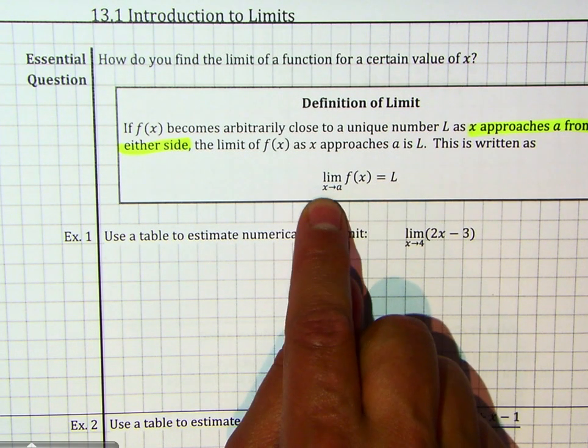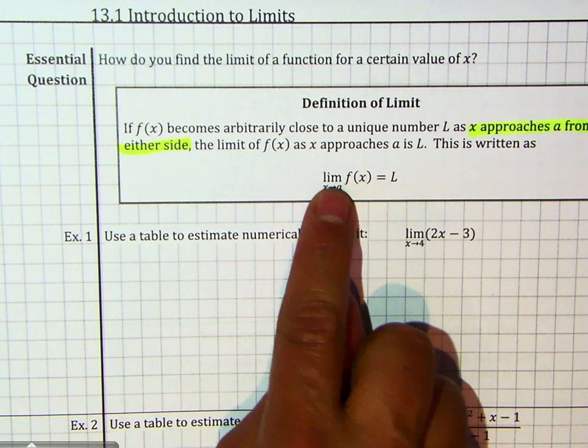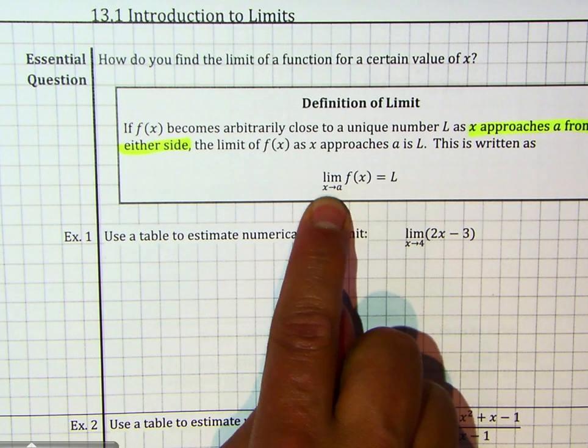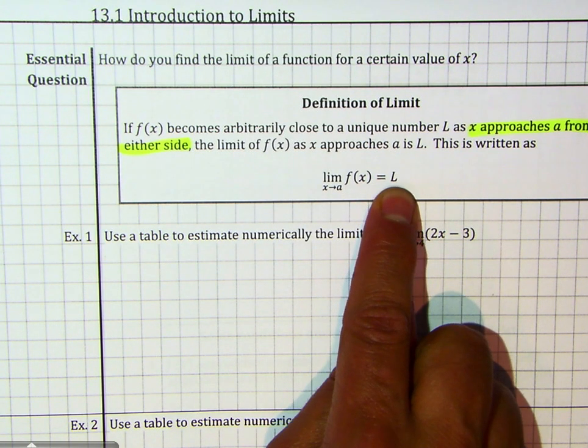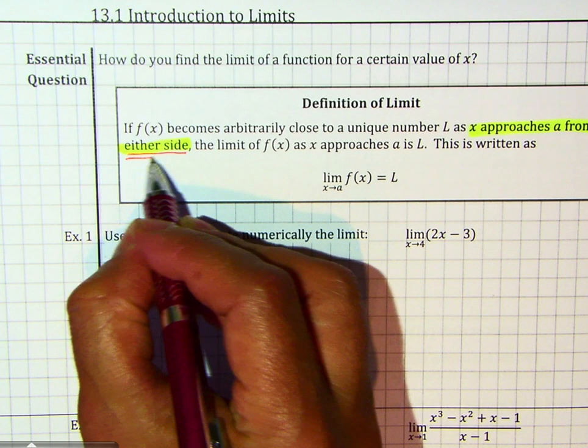This is the notation, and is read the limit of f of x as x approaches a from the left and from the right. The limit is L. So therefore, we are going to approach from the left and from the right.